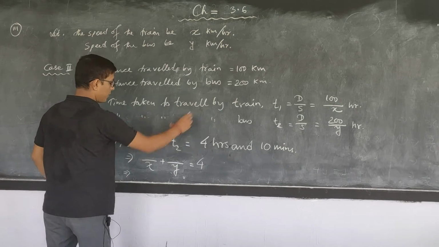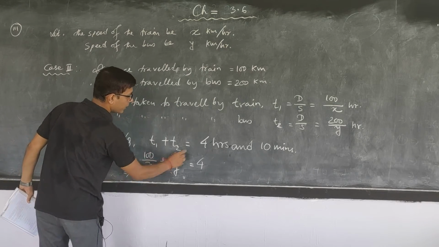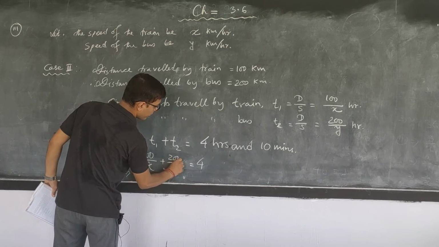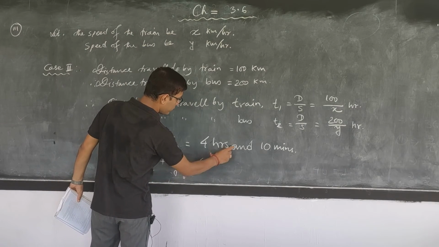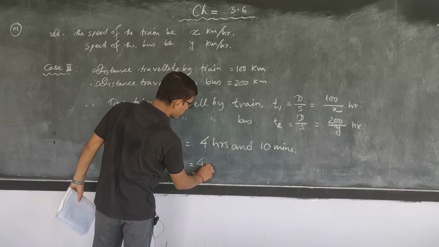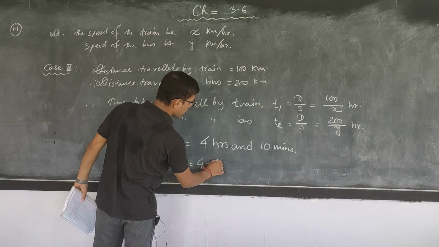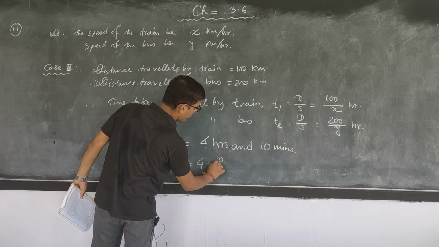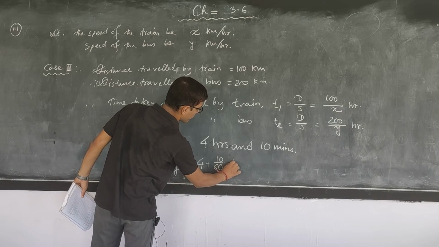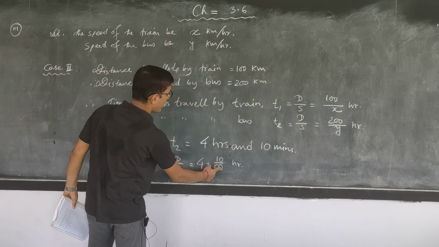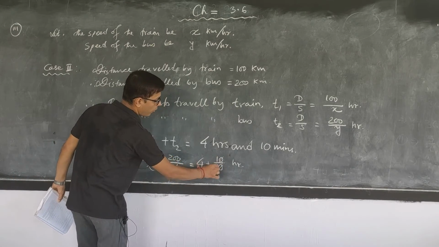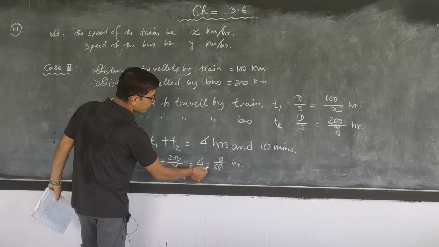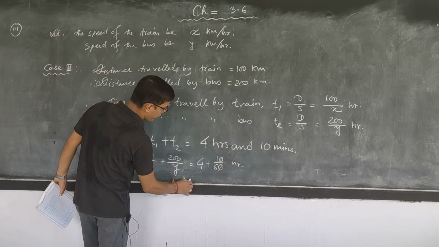Here T1 is 100 by x, T2 is 200 by y. And 10 minutes is 10 by 60 hour. We have converted it into hours. Alright, 1 by 6, then 6 fours are 24 plus 1 is 25.